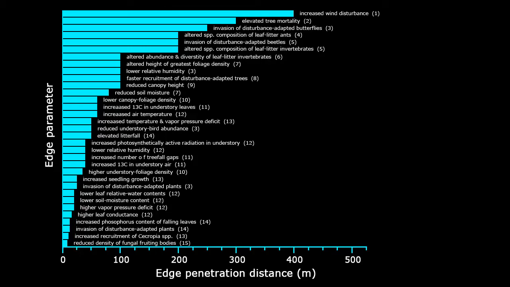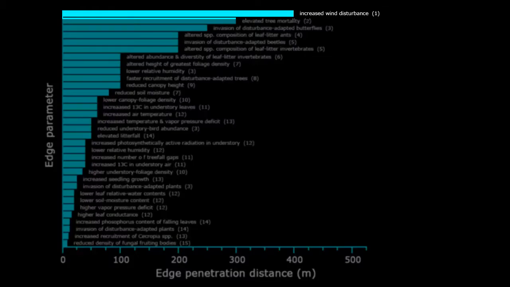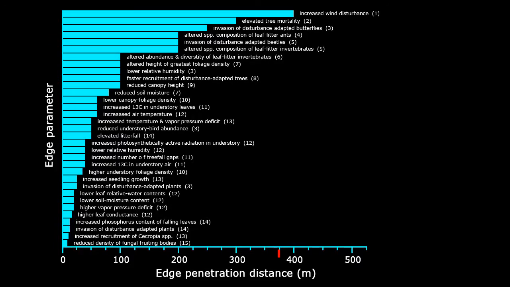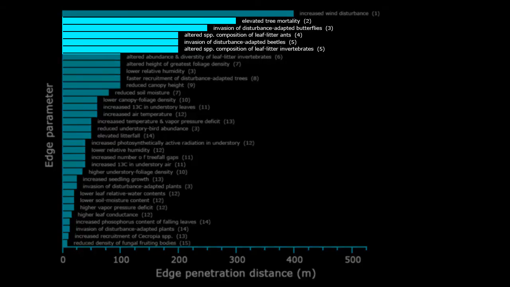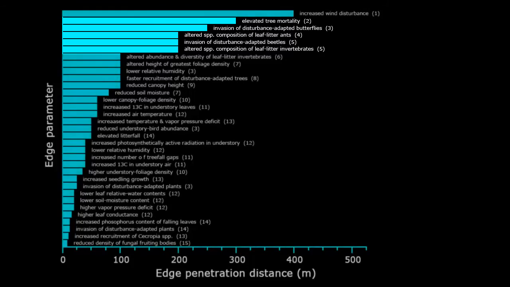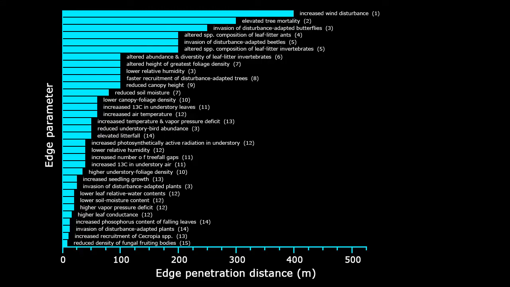But if we look here on the opposite side, we see that some things like wind disturbance can penetrate well over, at least 400 meters into a fragment. And that's a pretty substantial level of incursion into a forest fragment. There are other things. There's elevated tree mortality. We've got the invasion of various invertebrates and so forth. So there are a variety of different types of edge effects that occur, and I just put this up to give you some perspective on that.